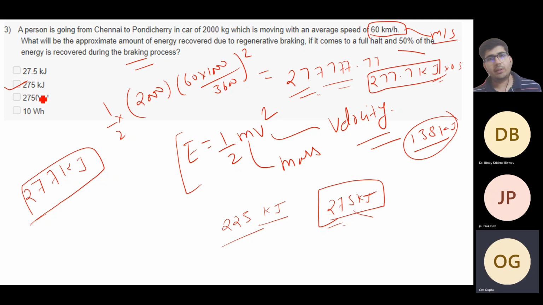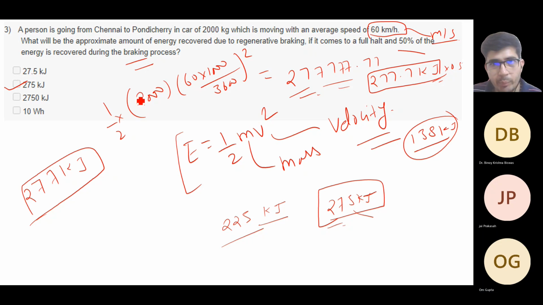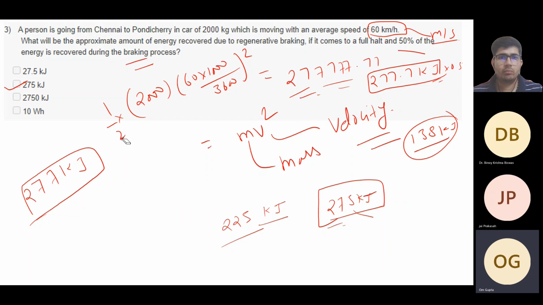But now can anyone tell me why we have to put the speed in meter per second? Why can we not put it directly in kilometer per hour? Anyone? It is coming in joules.